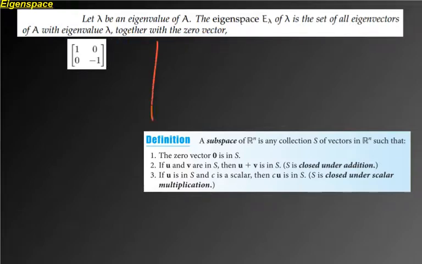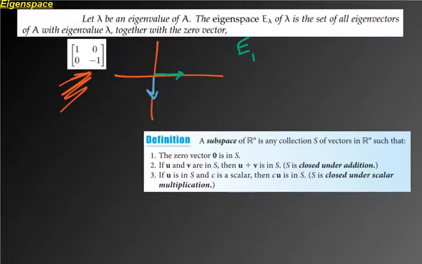So in this problem, for this matrix over here, you basically have eigenspaces that are formed from these two vectors. We have one eigenspace, so I'm just going to call it E, eigenspace 1 for right now, because the eigenvalue is 1 for that.